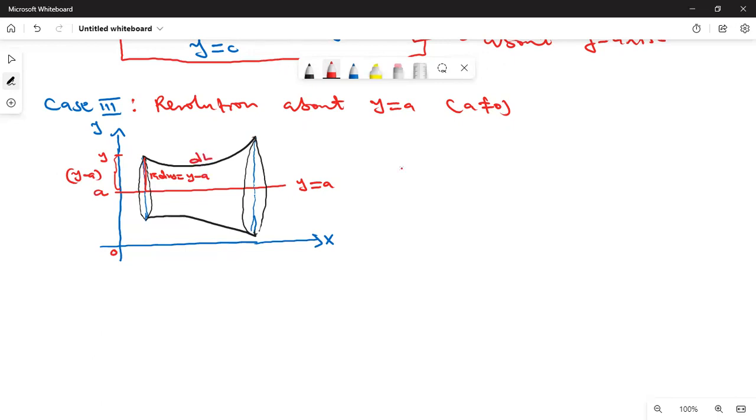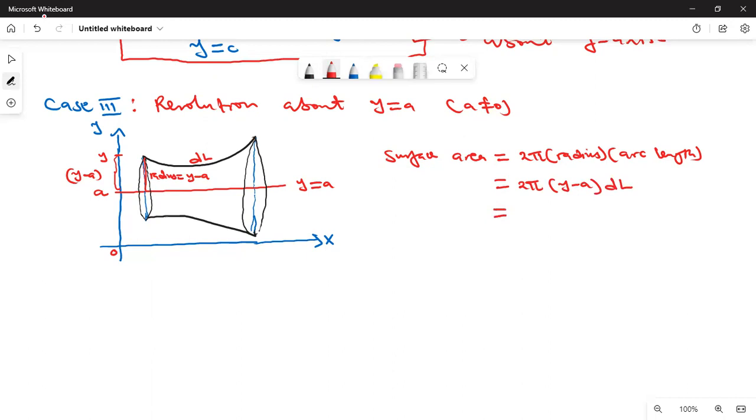So that the surface area is equals to 2 pi times radius times arc length, which is simply equal to 2 pi, our radius is y minus a, our arc length is dl.